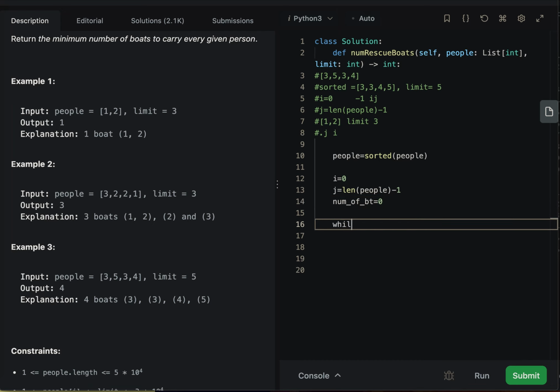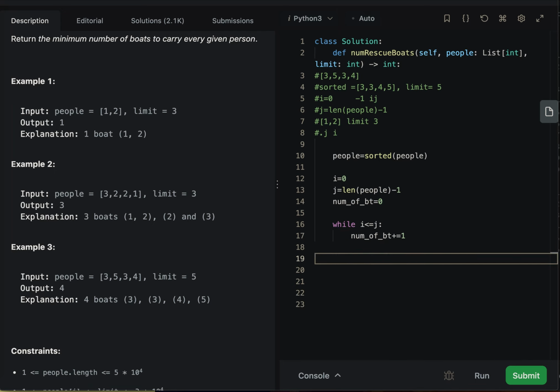And then while i is less than or equal to j, because we have to get out of the while loop at some point, we ship one person, right? So what we're going to do is number of boats plus equals 1, right?